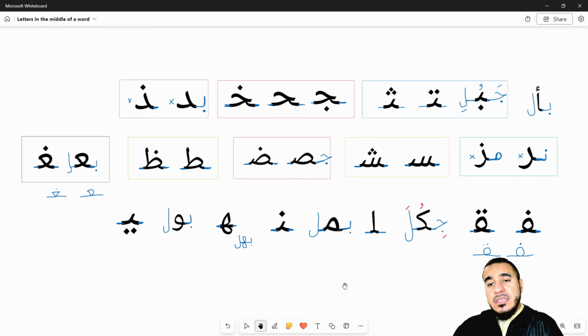And in today's class, we've looked at how these letters look when they are in the middle of a word, meaning a letter comes before it and after it. And inshallah, in the next class, we're going to look at how these letters appear when they are the last letter in a word, okay? Meaning a letter comes before it but no letter comes after it.